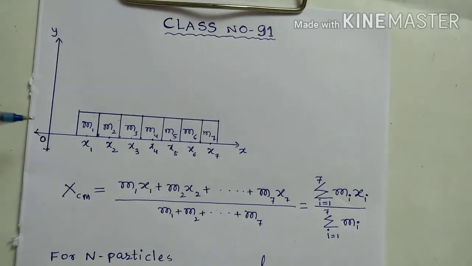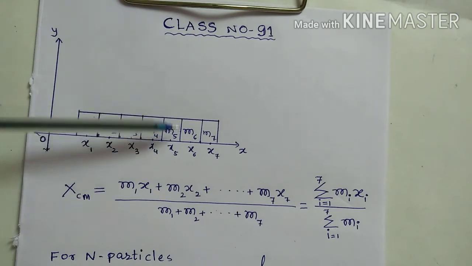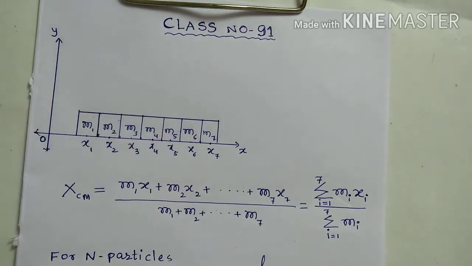See here, we have to take one reference frame, that is a coordinate system, x-axis and y-axis. This is the origin. One object is lying along the x-axis. I am cutting this object into small slices like this. For each slice, m1, m2, m3, m4, m5, m6 and m7.